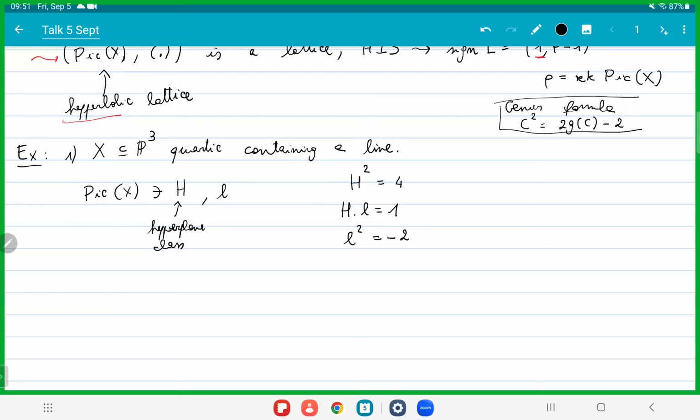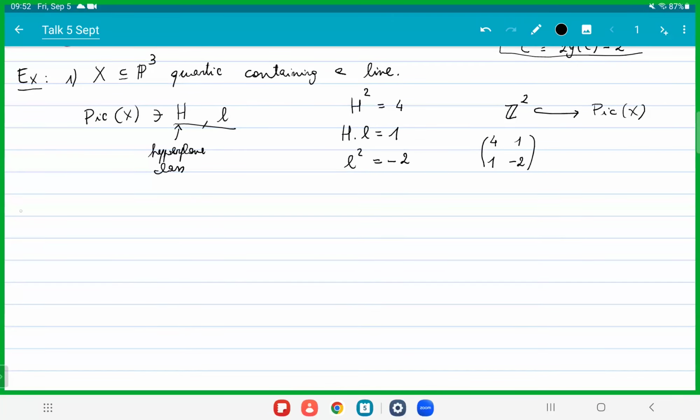And so this means that we have a Z2 inside the Picard lattice, and the Z2 has intersection matrix (4, 1; 1, -2). When I write a matrix for a lattice, I simply mean that I have chosen a basis. In this case, H and L is the basis, and then I write down the intersection product of the elements in this matrix.